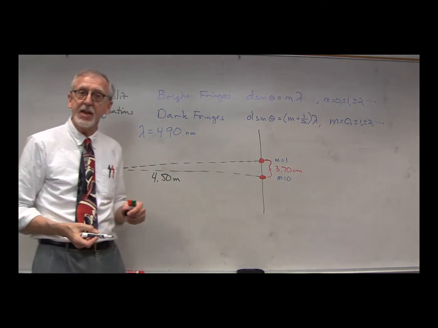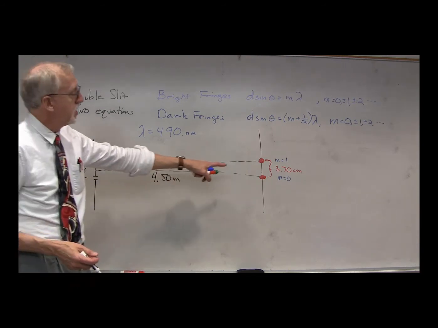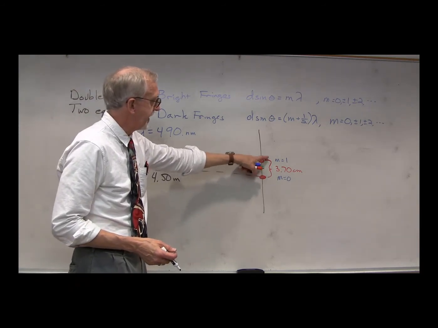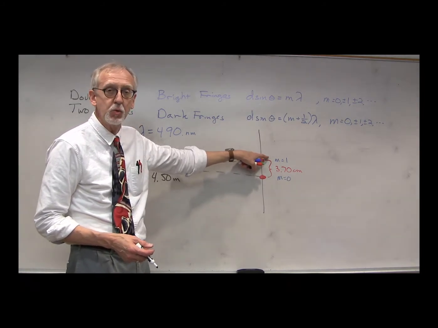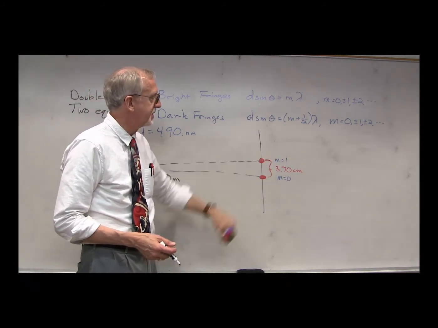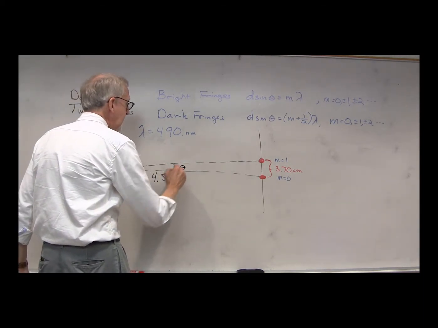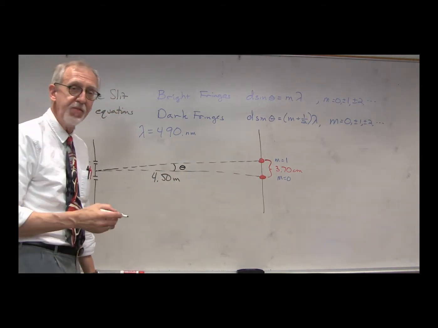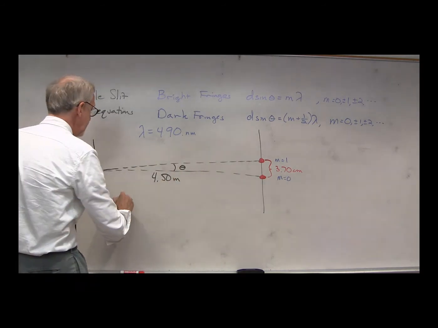Let's see if we can actually calculate what that is. Well, we know that the position of the m equals 1 bright fringe is 3.7 centimeters from the central axis. So, the angular position theta of that bright fringe, we can use tan theta in this case.